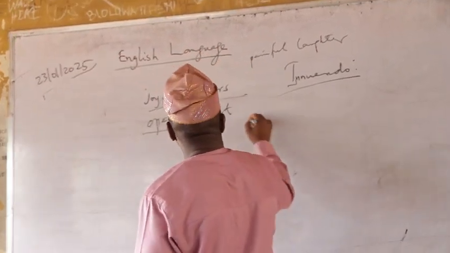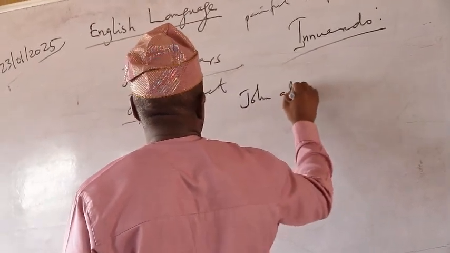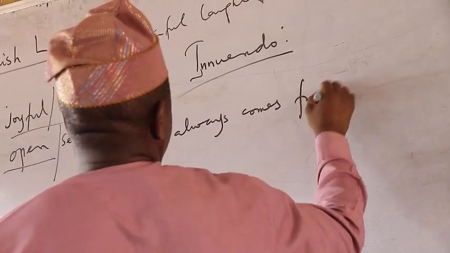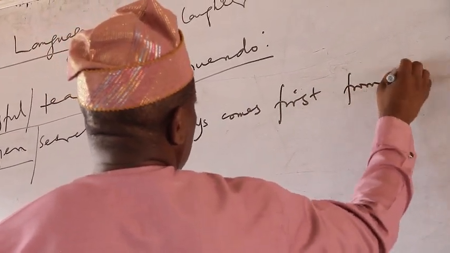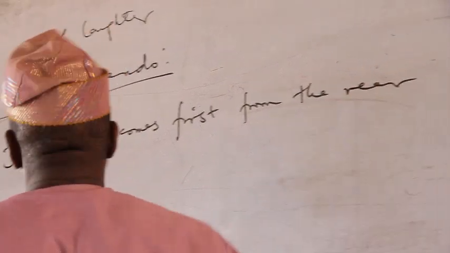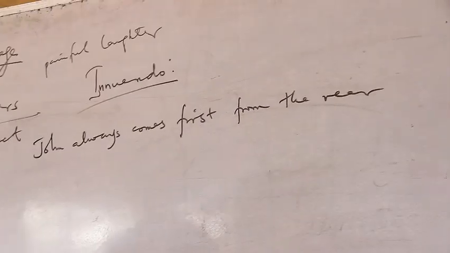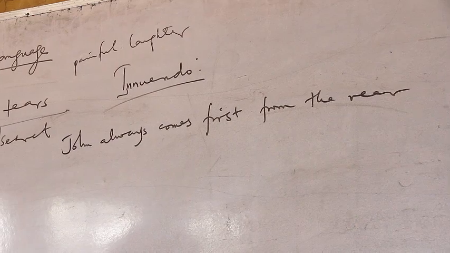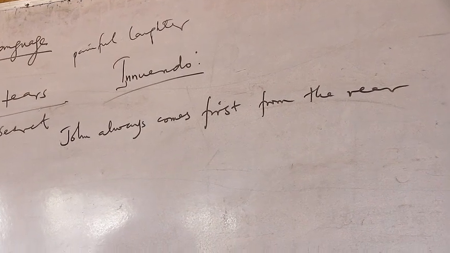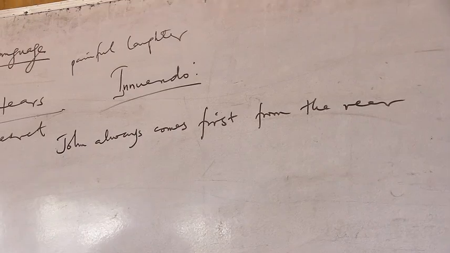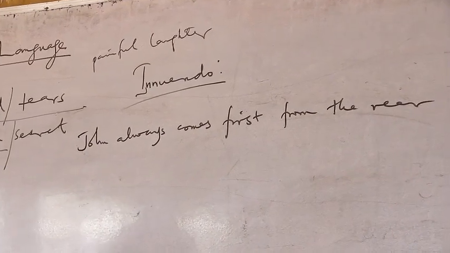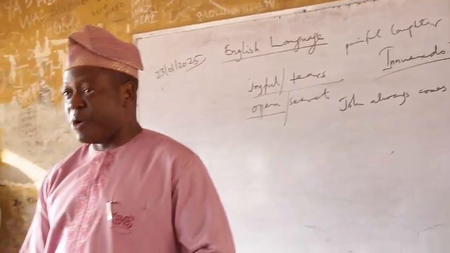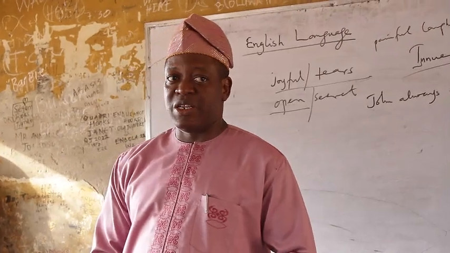Now, if I say John always comes first from the rear. There is no better way of saying John is a dunce than what is on the board. But it is less offensive to say he always comes first. So, not from the top, but from the bottom. That is an innuendo.